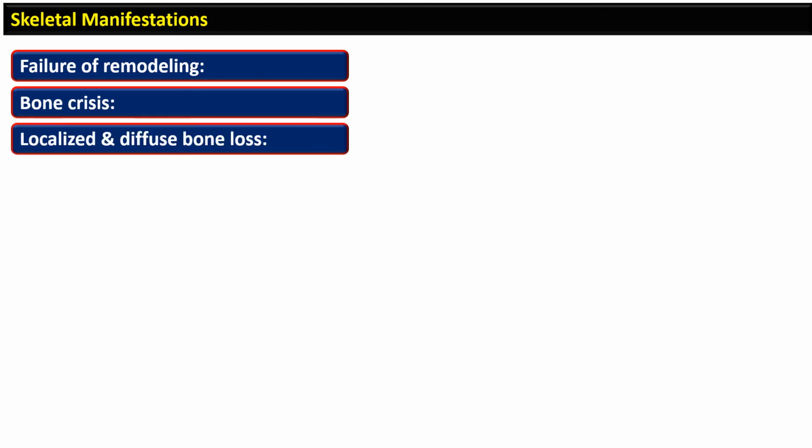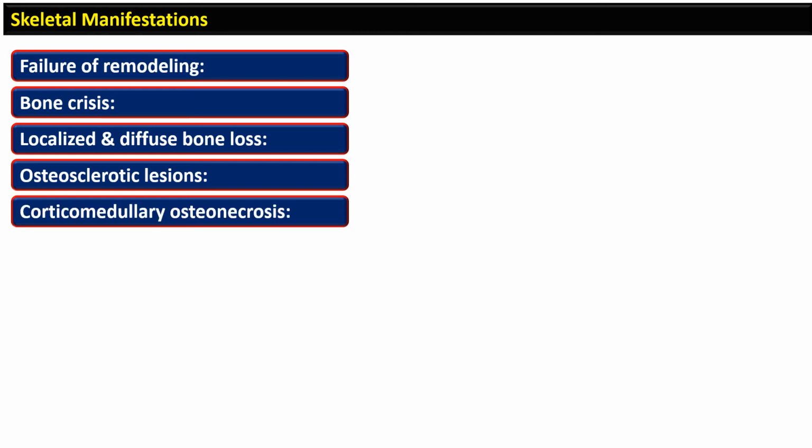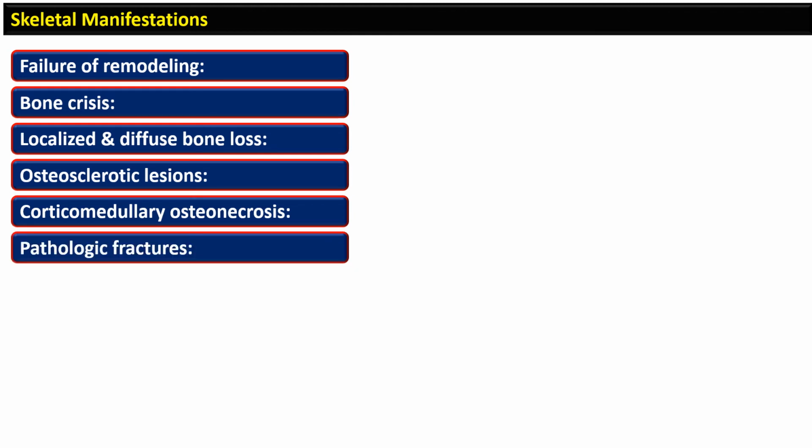Then localized and diffuse bone loss remain asymptomatic unless fracture occurs. Another manifestation is osteosclerotic lesion, and it is usually seen in the medullary cavity. Corticomedullary osteonecrosis usually affects the proximal humerus and head of the femur and is the result of compromised blood supply.